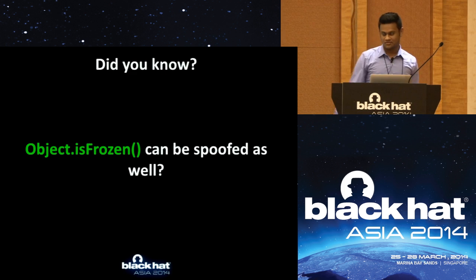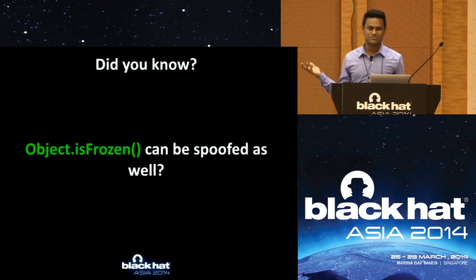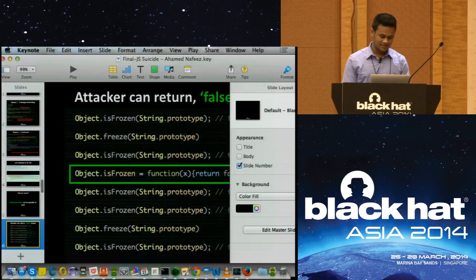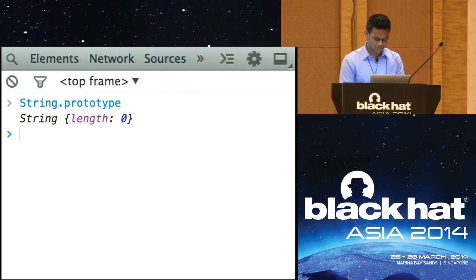Now, the problem is JavaScript is so dynamic that even your Object.isFrozen can be spoofed. As you can see here, an attacker can always return false for Object.isFrozen, right? Let's say that we have an object called String.prototype. Now let's try and say Object.isFrozen of String.prototype.